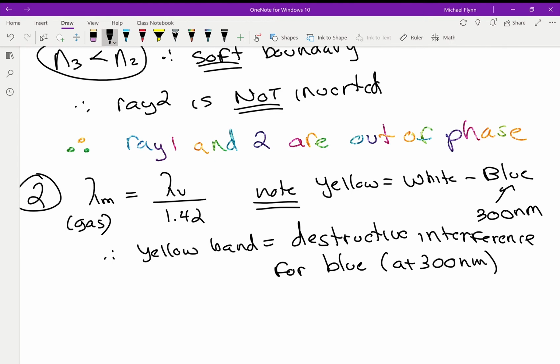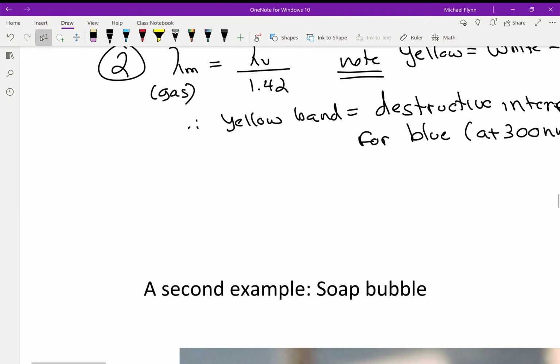So what we're seeing at the yellow band is one color is being subtracted. Well, if blue is being destructively interfered with and the other colors aren't, you're going to see a yellow band there. So step 2, we're just going to think about that for a second. Why do we see a yellow band? Well, that's why.